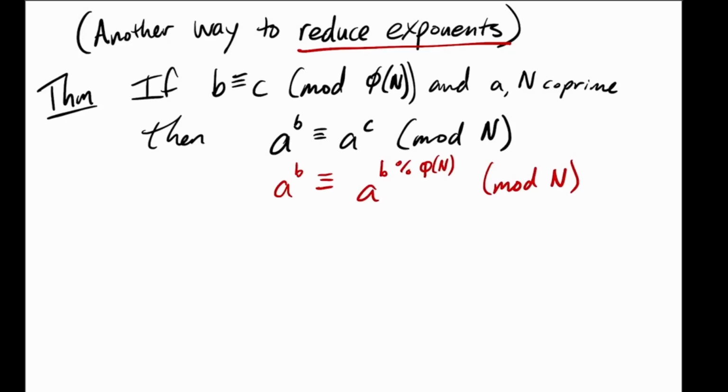And let's check, is this true? What will be a proof of this? It's actually the same proof we used when doing Fermat's little theorem. B was congruent to C modulo phi of n.